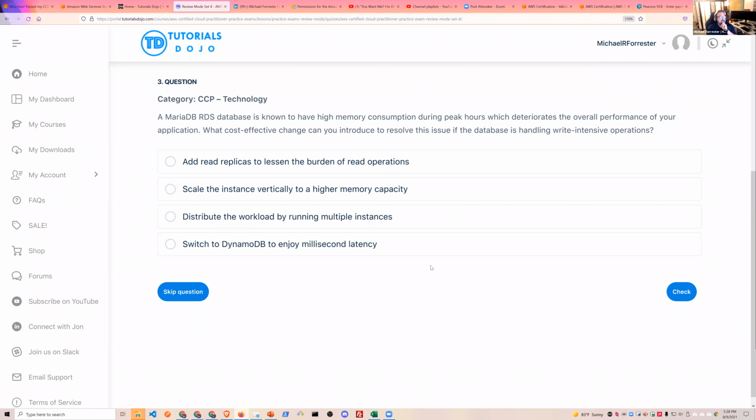So this one's interesting. It deteriorates the performance of the application, and we assume that there are reads and writes going on, right? But the application is suffering, especially if the database is handling write-intensive operations. So is there a way to protect and somehow offload or get more performance out of an instance?